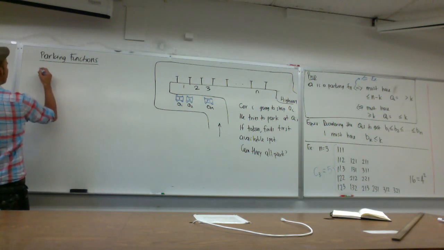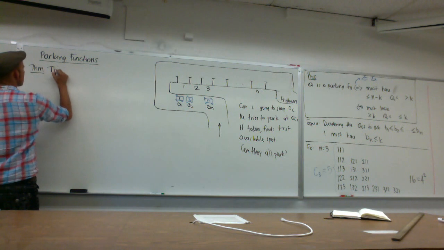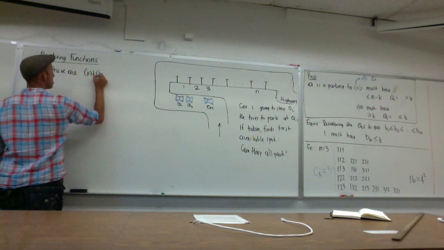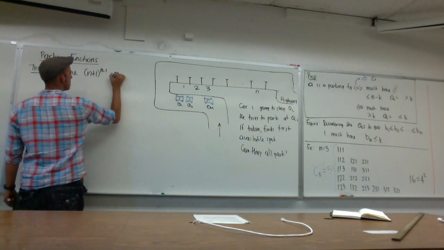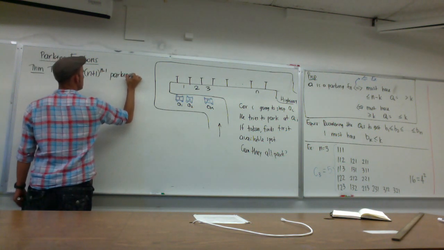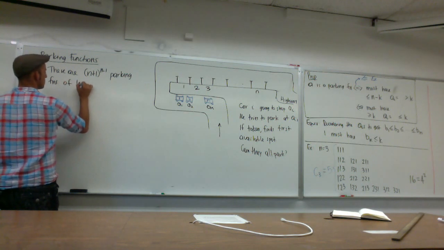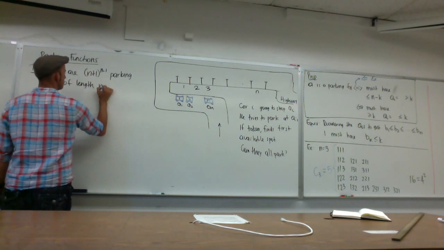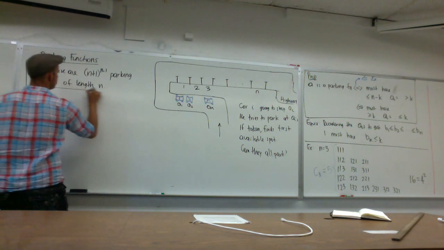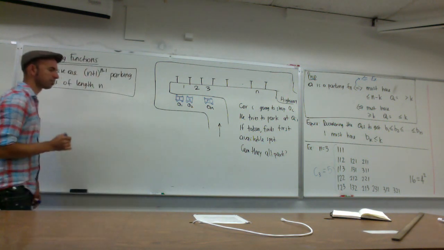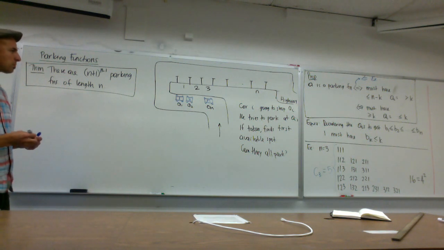So the theorem: there are (n+1)^(n-1) parking functions of length n. Okay.